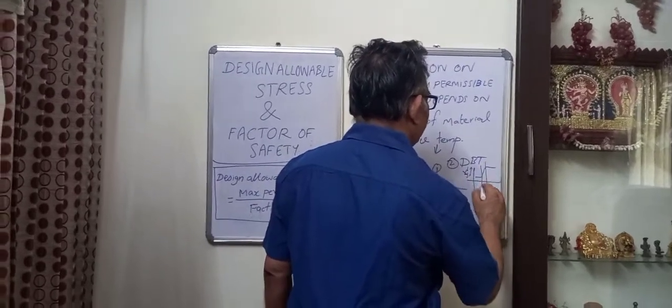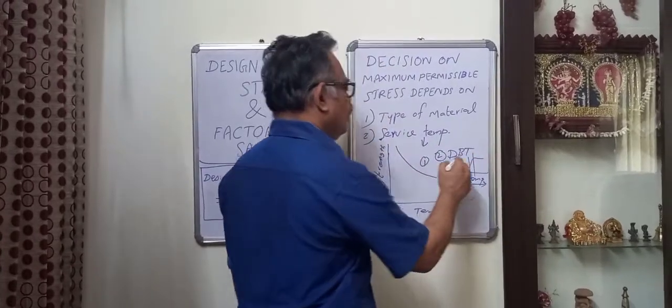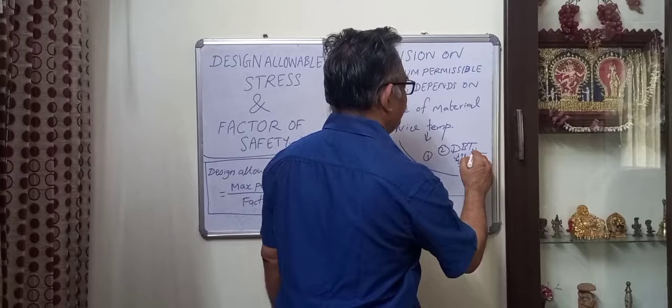There will be a transition in strength at a particular temperature, and that is known as DBT.